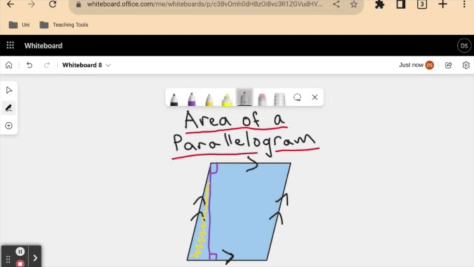Now, from another corner, let's say this one up here, I'm going to draw that same straight line down to here and across. And this is also going to be perpendicular.